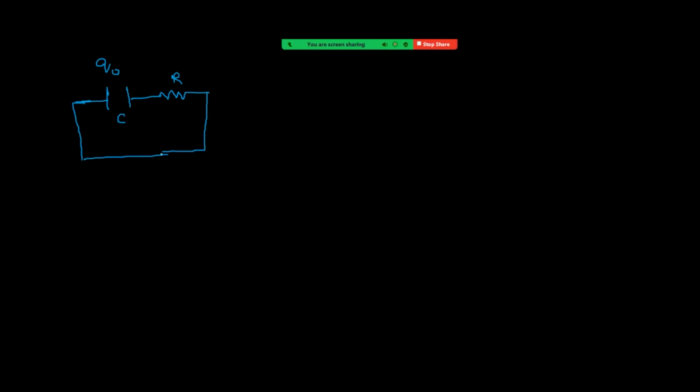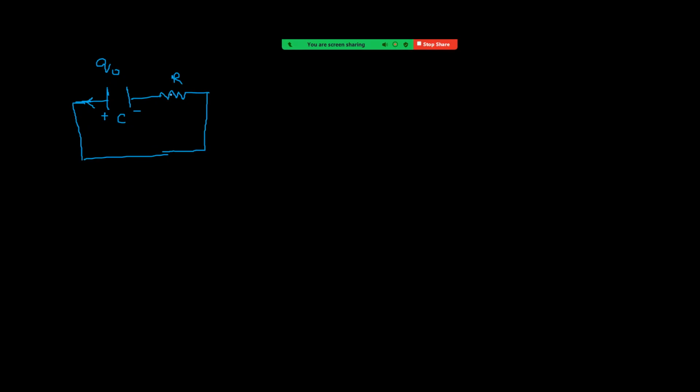So once we connect, since it is initially charged, there is energy stored in the capacitor. Once it is connected to the resistor, charge flows like this. If this is a plus and this is a minus, charge flows like this.